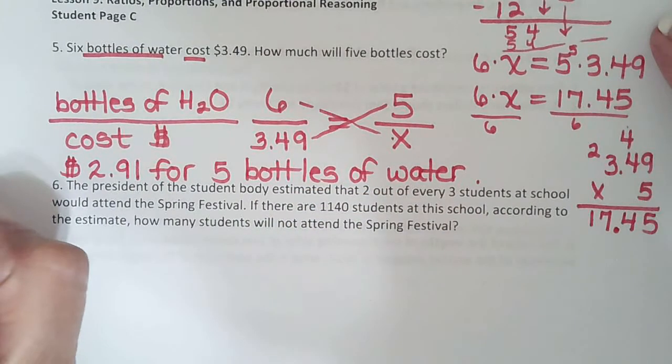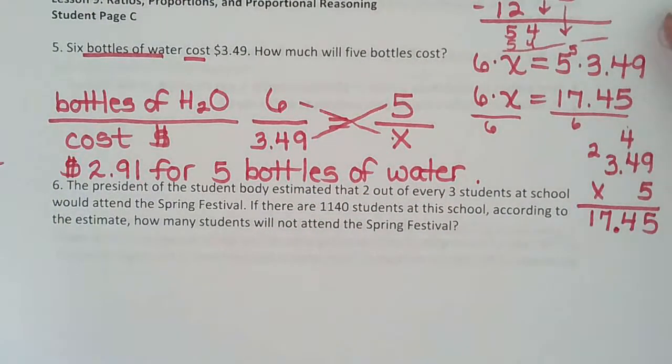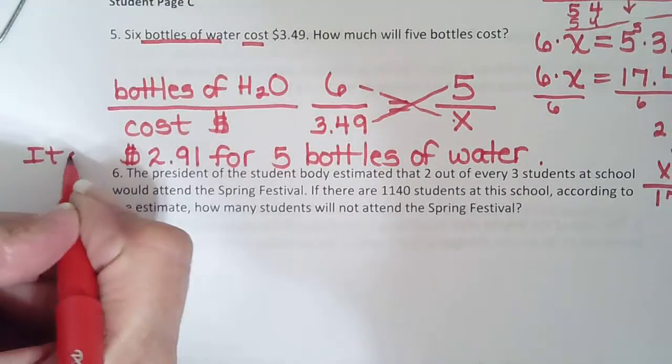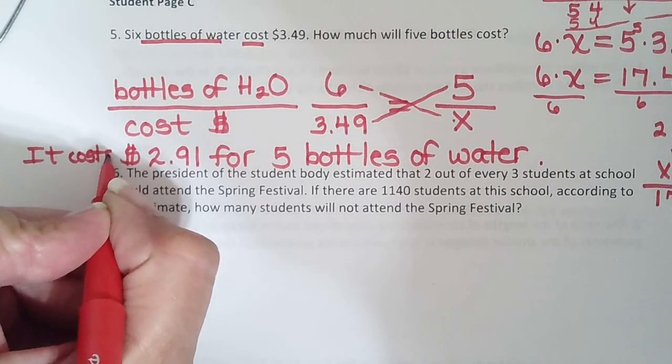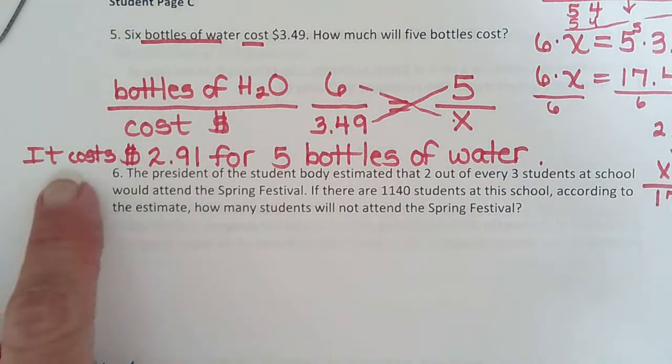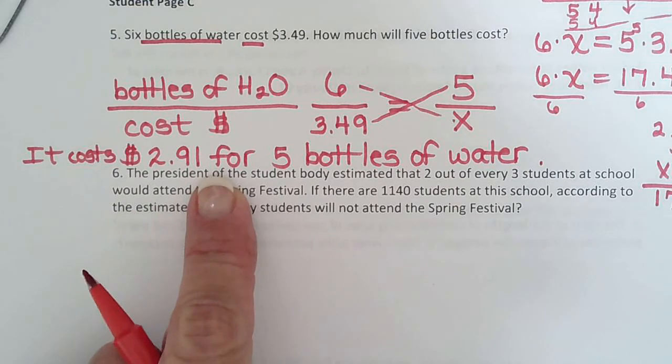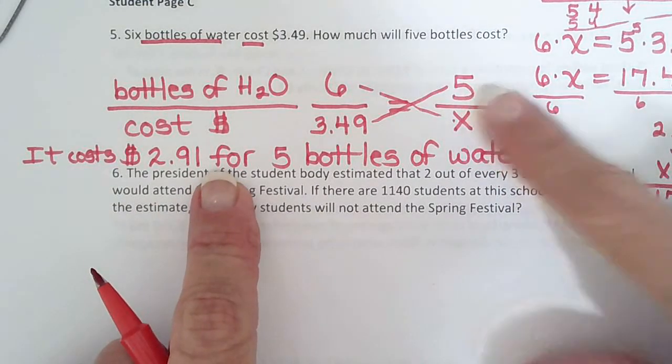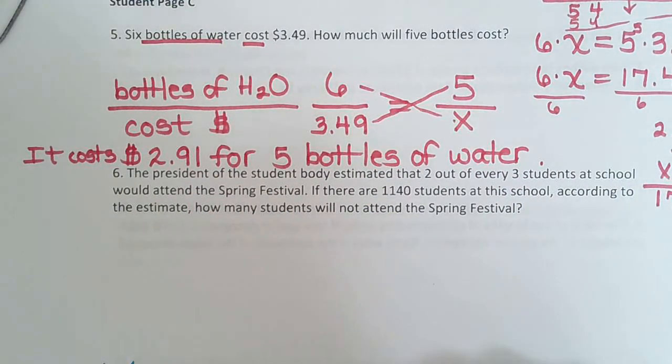And I should write a nice full sentence. So let's write, it costs. Then we have our subject and our verb. Now we're good. So it costs $2.91 for 5 bottles of water. So that's a good one, because we haven't done any with rounding yet. So that's a really good one.